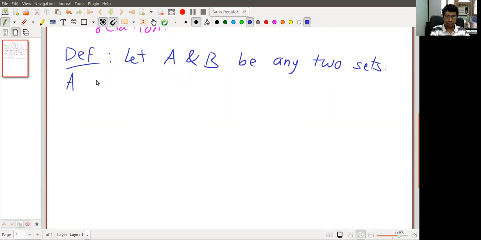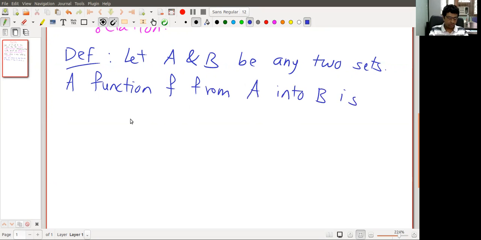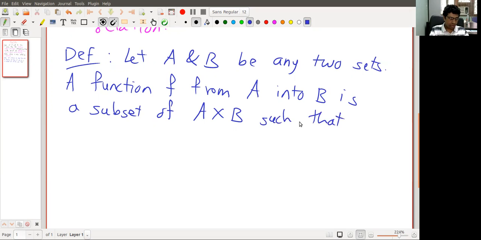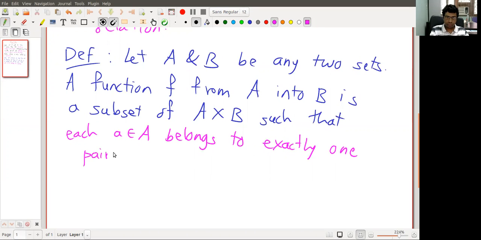A function f from A into B is a subset of the Cartesian product A cross B with the property that each small a in set A belongs to exactly one pair (a, b).